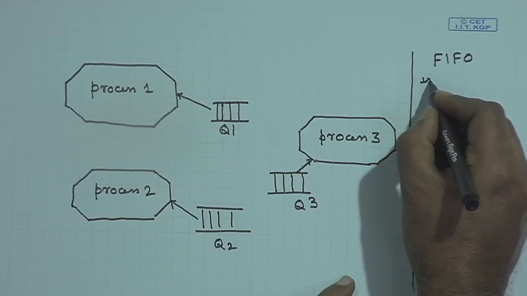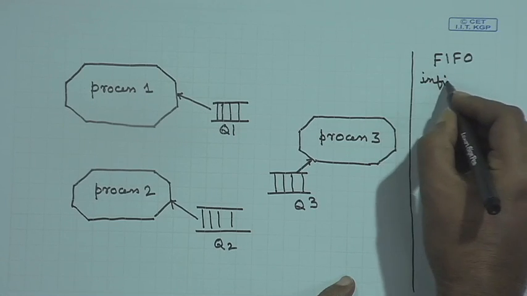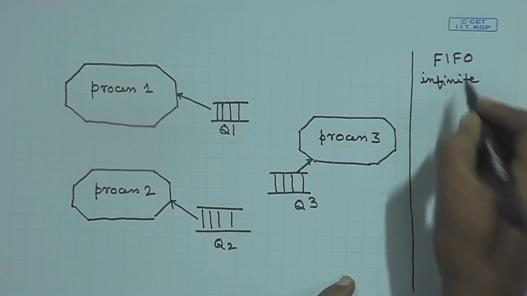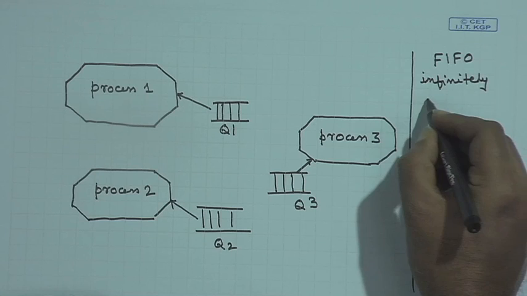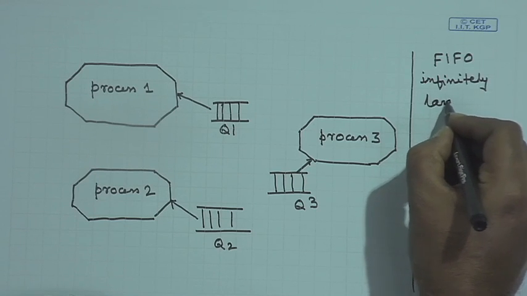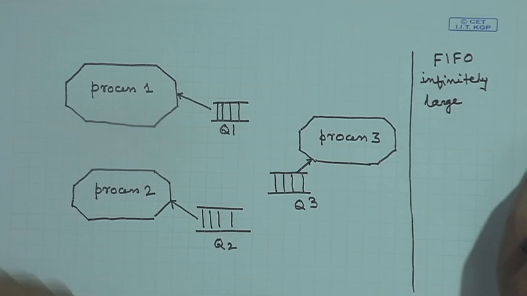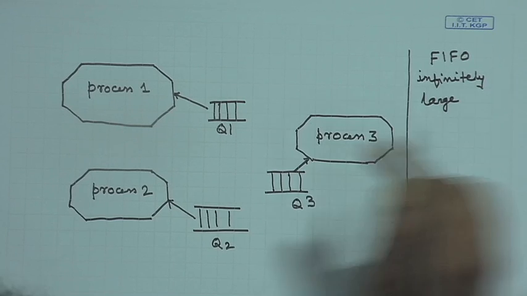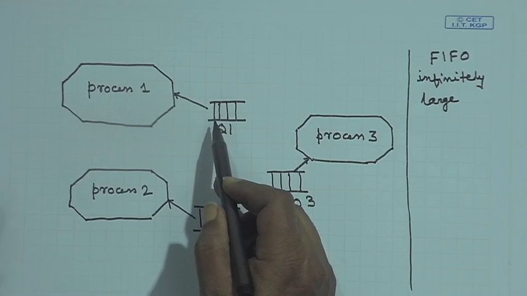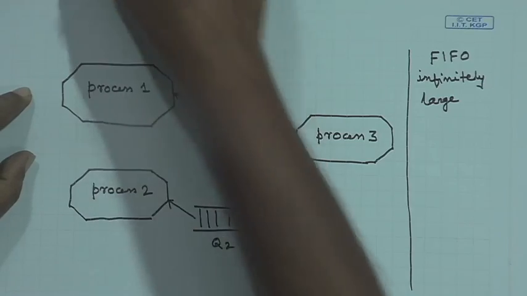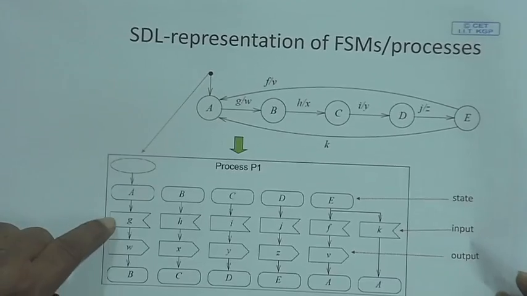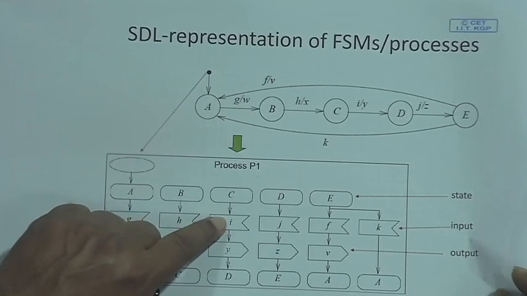These are assumed to be infinite capacity, infinitely large. All right. Now, each process will fetch the next signal, like the signals that we are having here, this G, H, I, whatever.